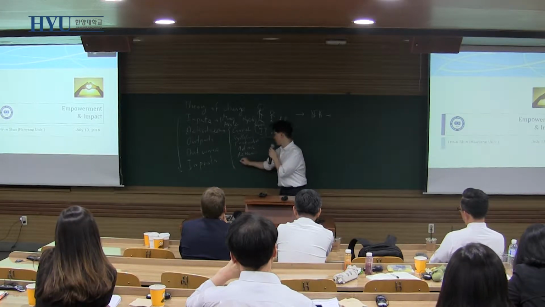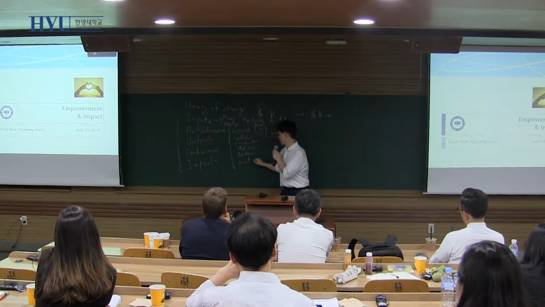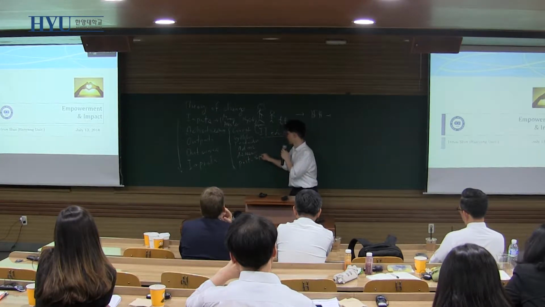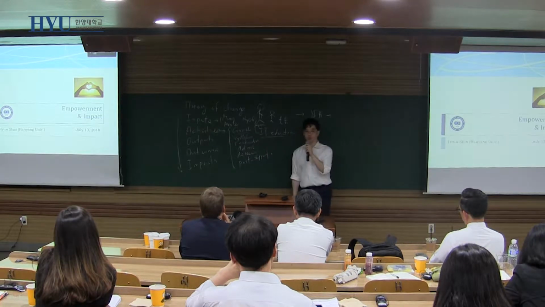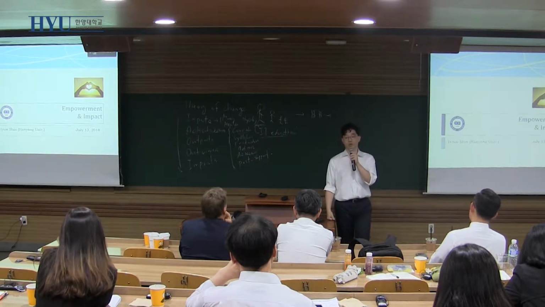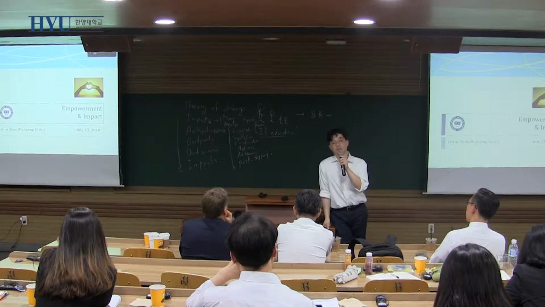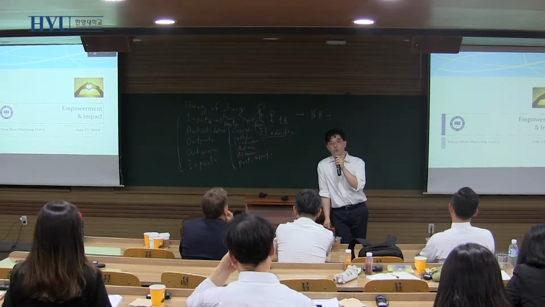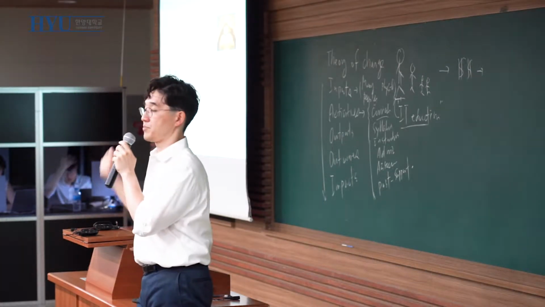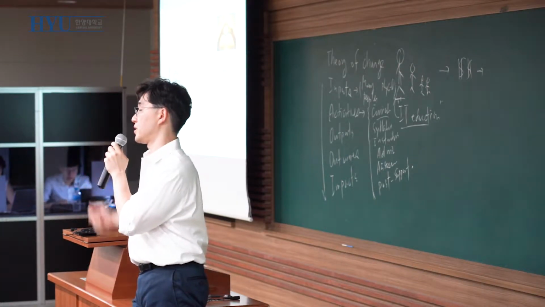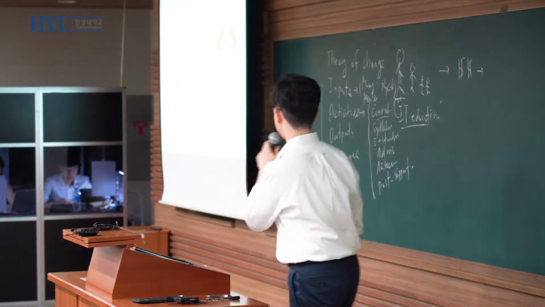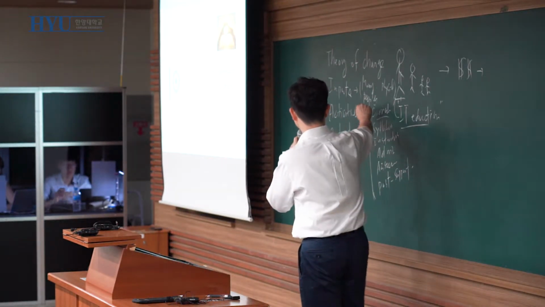And then we also need post-program support. For example, we need to offer an event to meet with potential employers, or we need to provide this person some further education because technology is developing continuously. So we need to think about these kinds of activities.